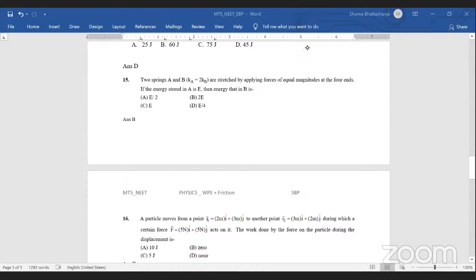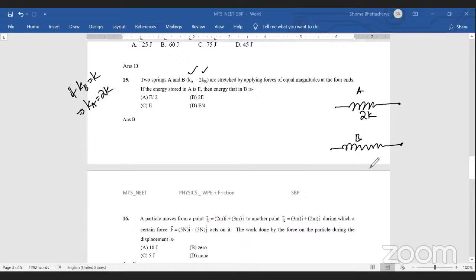Question 15 is a situation like this, that you have two springs. From this you can see that if you take the spring constant of B as K, then the spring constant of A will become 2K.